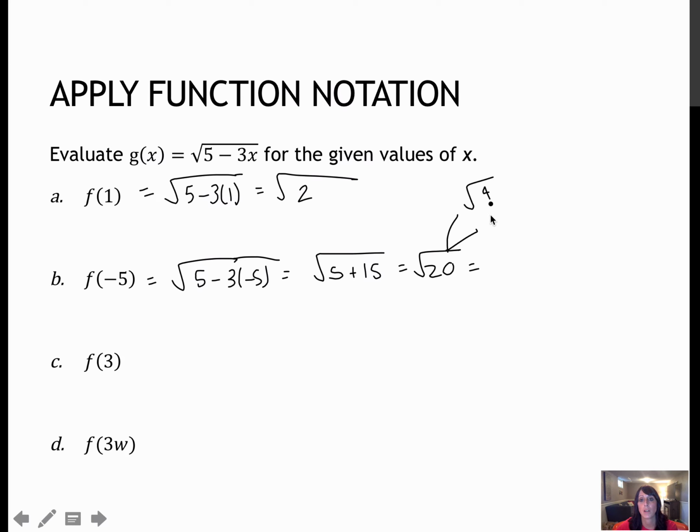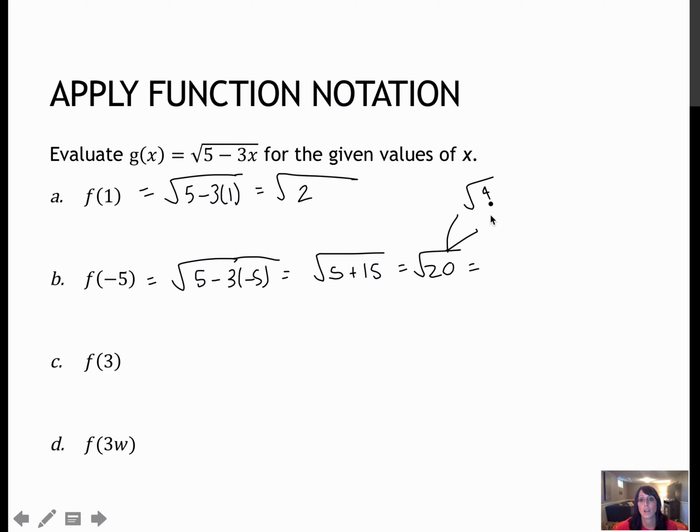If I plug in 3, then I get 5 minus 9, which of course is -4. The square root of negative 4 is plus or minus 2i. Your teacher might just have you write that as no solution or no real solution.